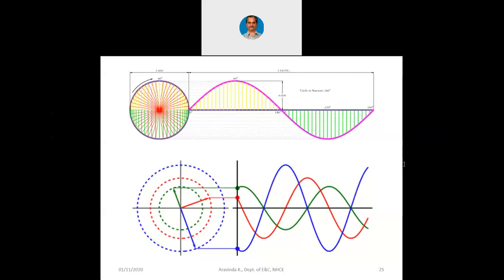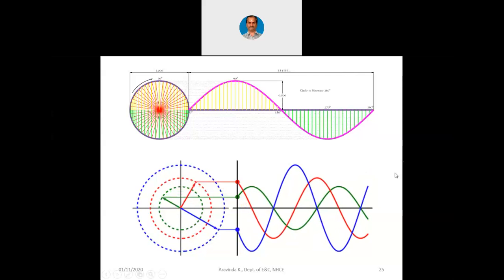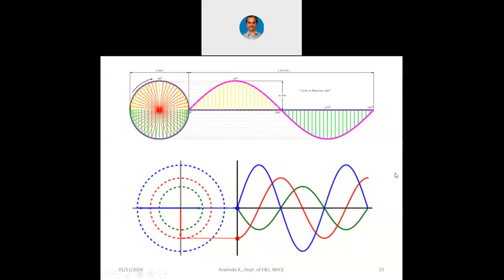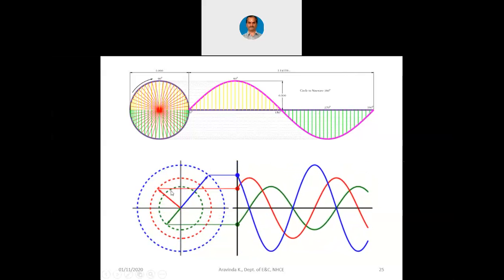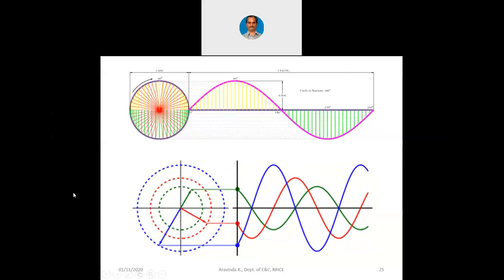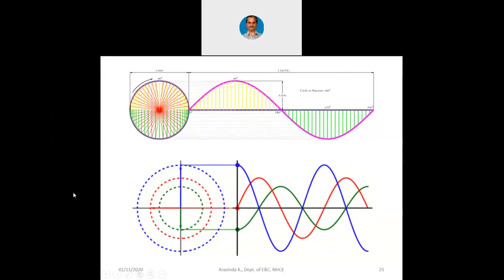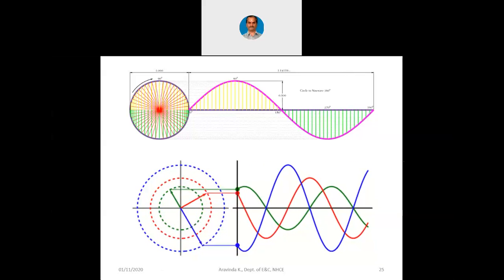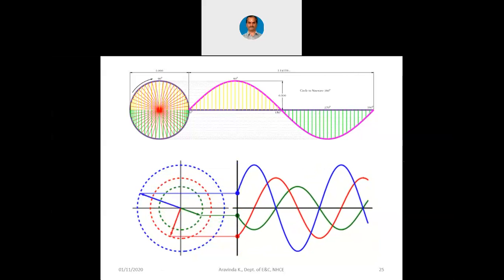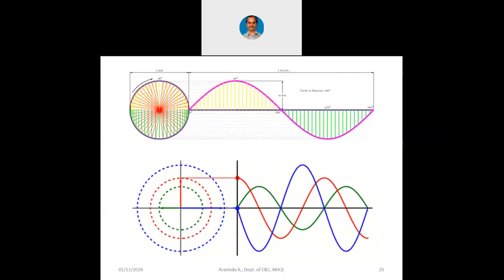Rohit has put the answer as cyclic production of waves. And Lokesh has put the answer, all three waves have a phase difference of 90 with respect to each other. Yeah, this is a good observation. You can see it again here. Depending upon the radius of the circle, it is the radius which defines the maximum amplitude of the sine wave.